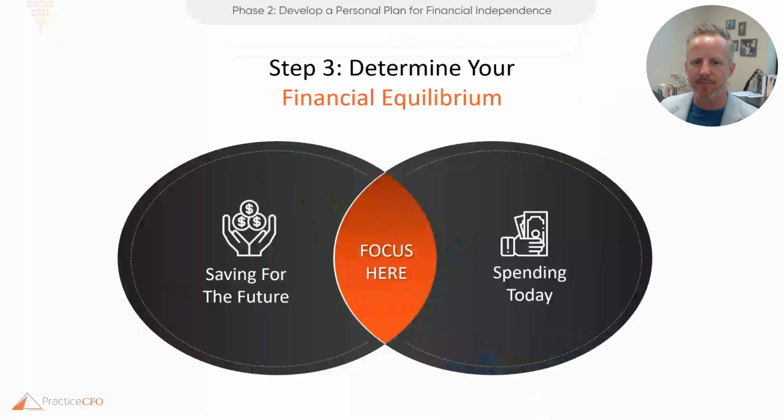Okay, the last thing I'm going to cover in this episode is step 3, determining your financial equilibrium. In my last episode, I talked about saving for your future, doing a long-term personal financial plan to ensure that you are authoring, and nobody else, what your life looks like.